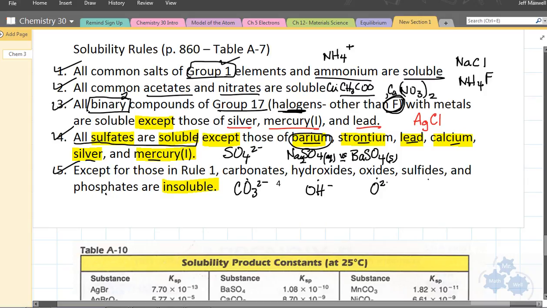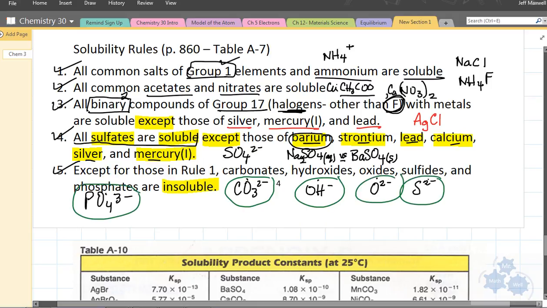Oxides, O2-. Sulfides, S2-. Phosphates, PO4 3-. So if you see any of these, you're thinking, okay, probably insoluble, except if they have sodium, lithium, potassium, rubidium, those kind of things. The group 1 elements. Okay?